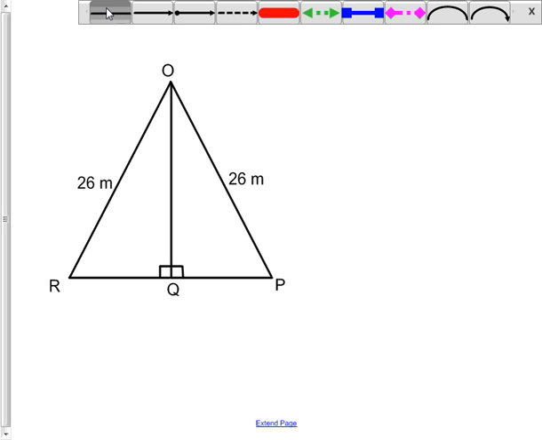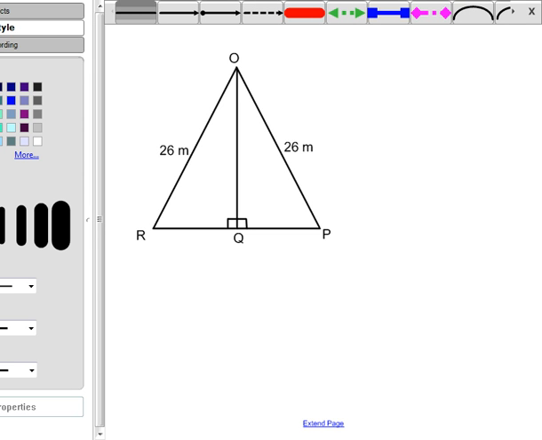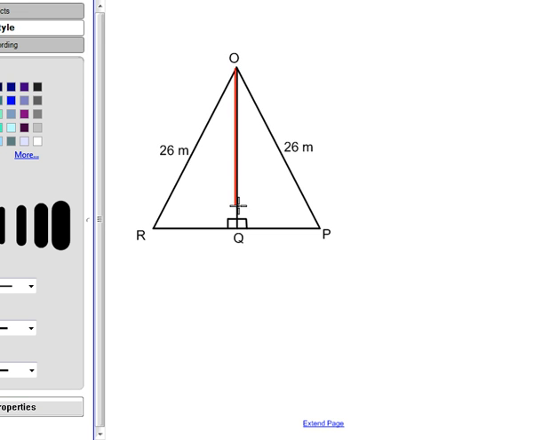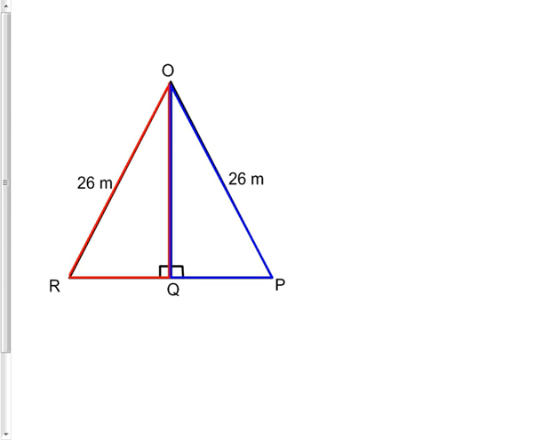So let's change this color to red maybe. And so I see one triangle that goes right here. And then we'll go blue. The other triangle is right here. Okay, and my question to you is, are the red triangle and blue triangle congruent?